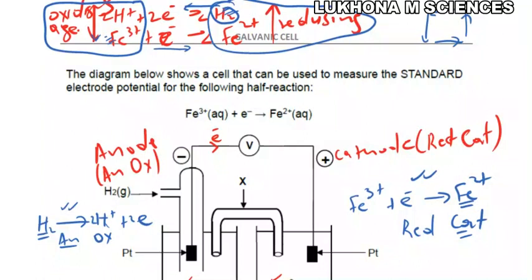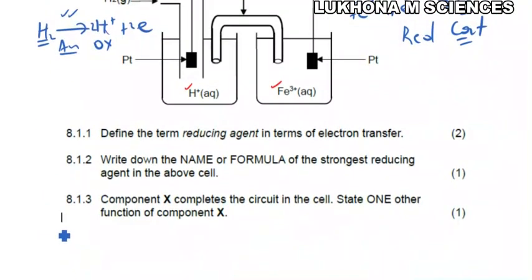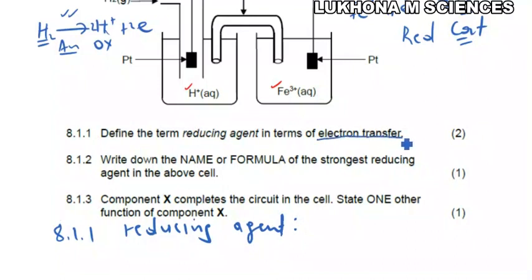Okay, let's go to the questions. The first question, 8.1.1, says define reducing agent. Reducing agent in terms of electron transfer, which means we are going to define based on the electron transfer.